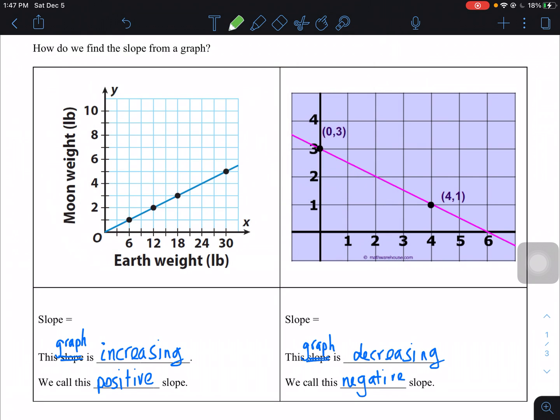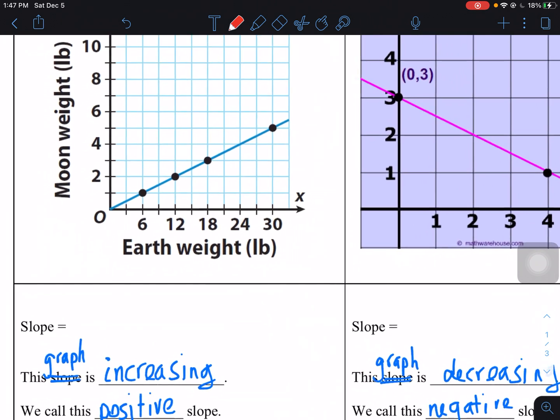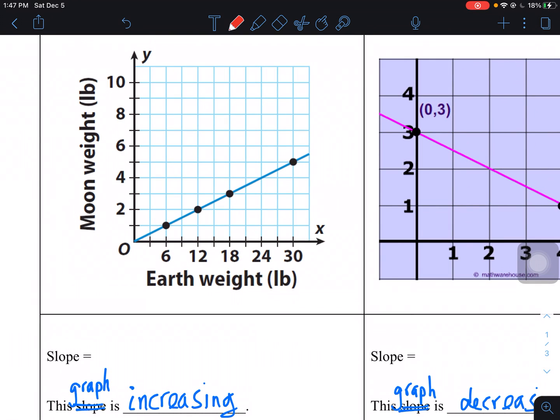So now I'm going to show you how to find your slope. Last week in our lesson, Miss Holland drew what we are going to call in this lesson slope triangles. To measure the steepness of a line, we need to see how much it's increasing going up compared to how much it's increasing on the bottom.